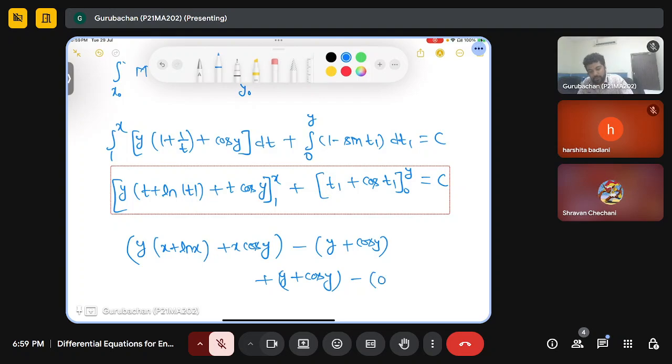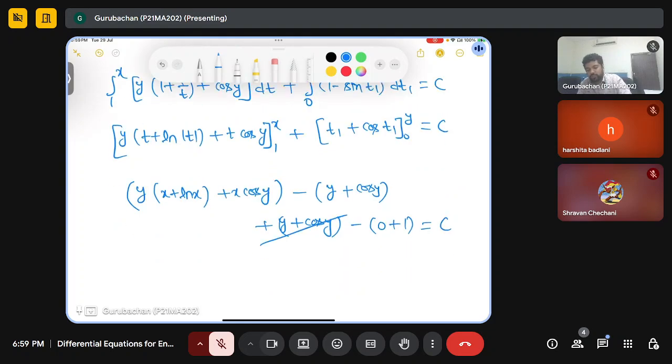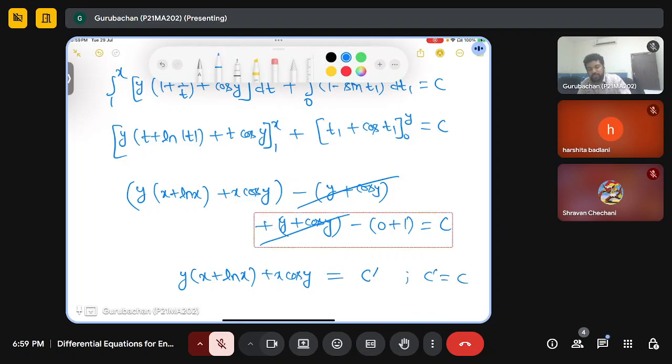Plus one, sir. 0 plus 1 is equal to constant. Now, observe that these two terms are cancelling. So, this will give you y x plus ln x plus x cos y, and I can write it as some c dash, where c dash is nothing but c plus 1.